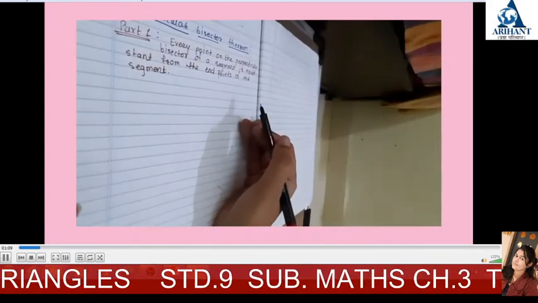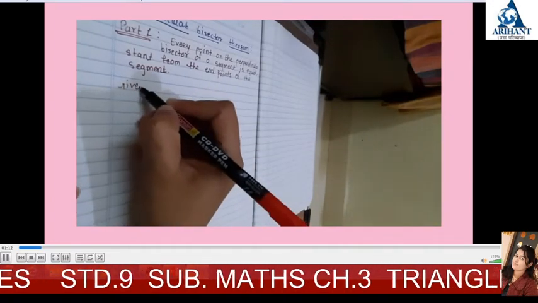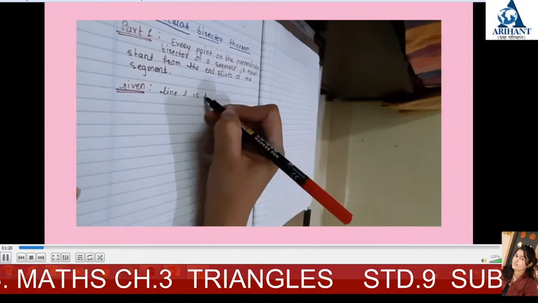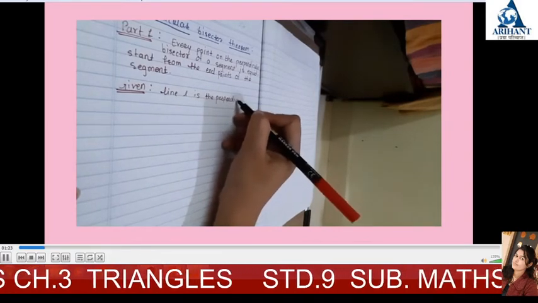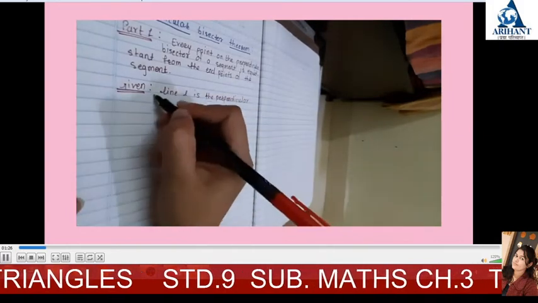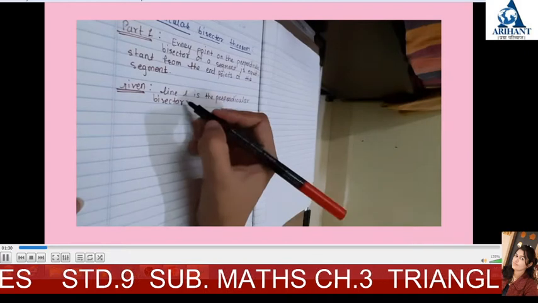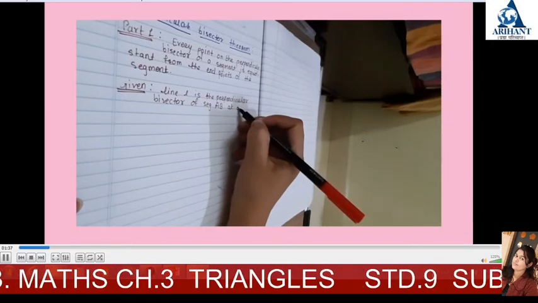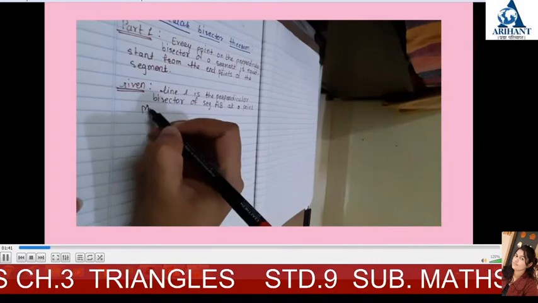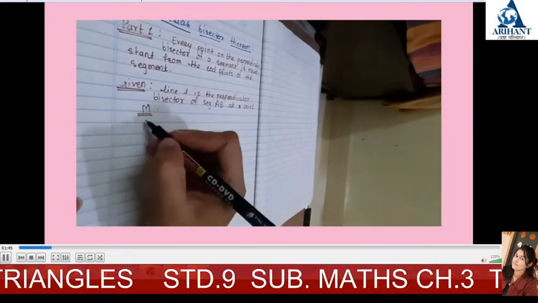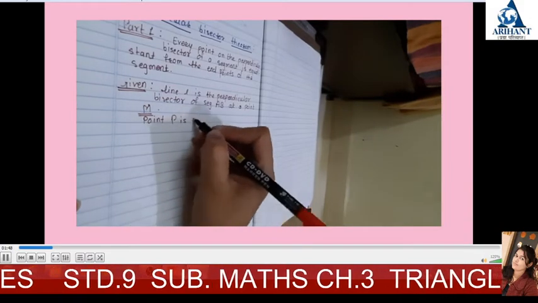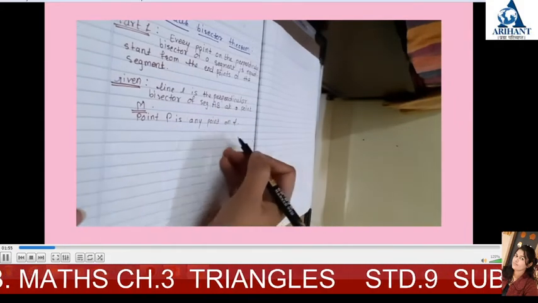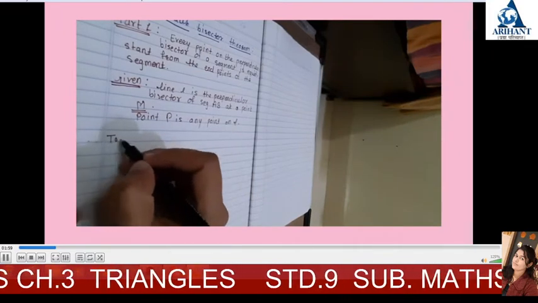So what is given here? Given is the line L is the perpendicular bisector of segment AB at a point M, and point P is any point on L. So what do we have to prove?